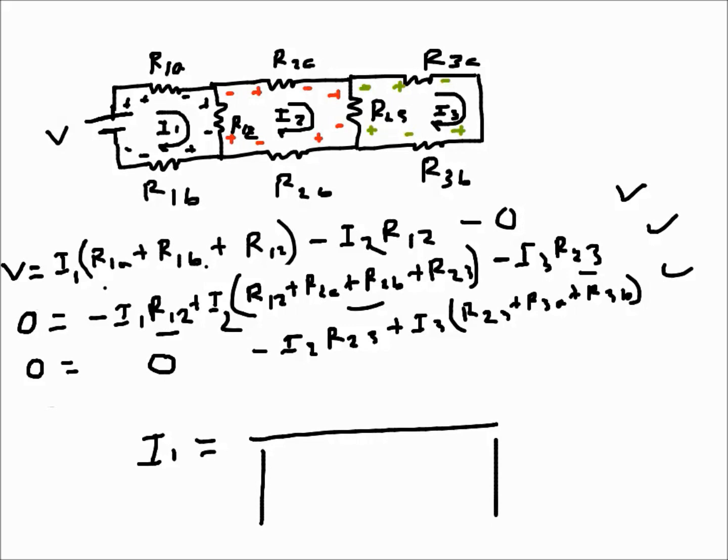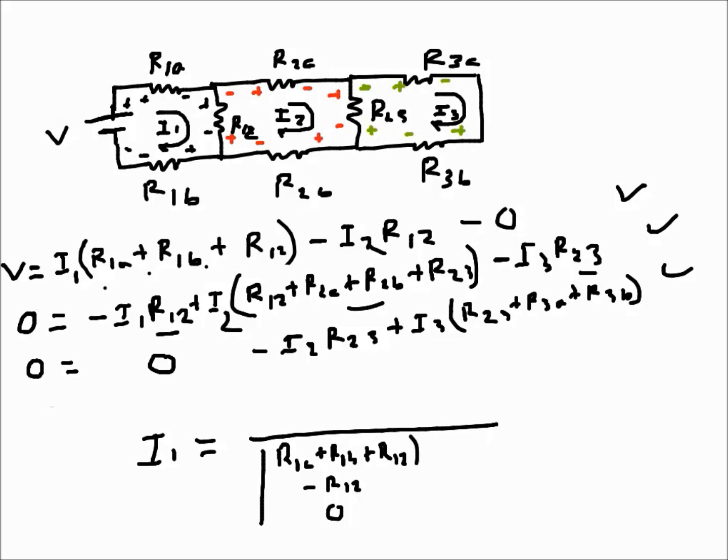So the first row will consist of the coefficients of I1: R1A plus R1B plus R12, then negative R12, and then 0. This is the first row.